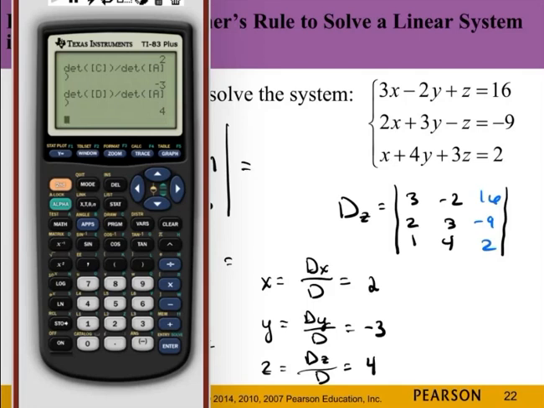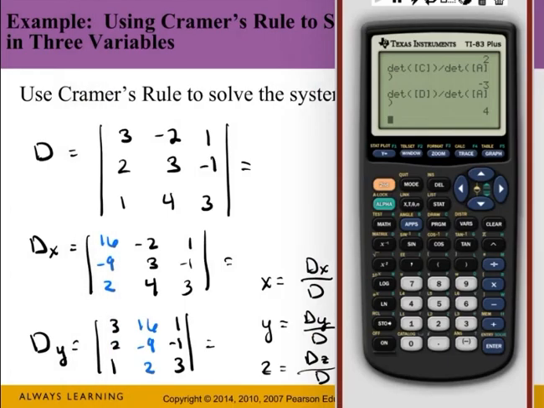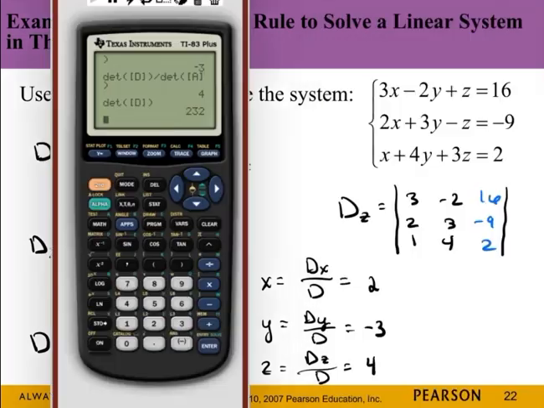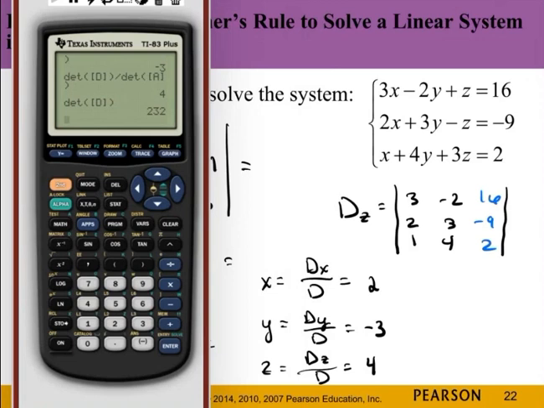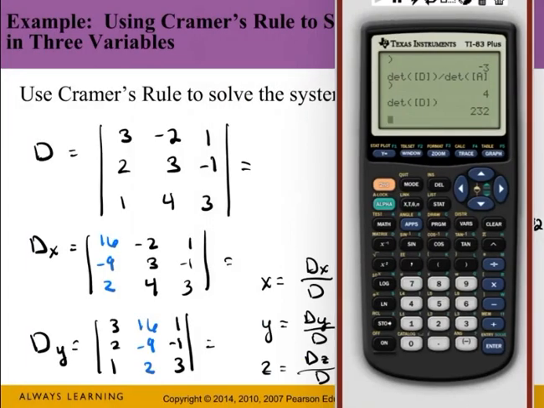And just to be complete, let me write these results out. Okay, I think this one over here is 232. Matrix. Let me go in order.